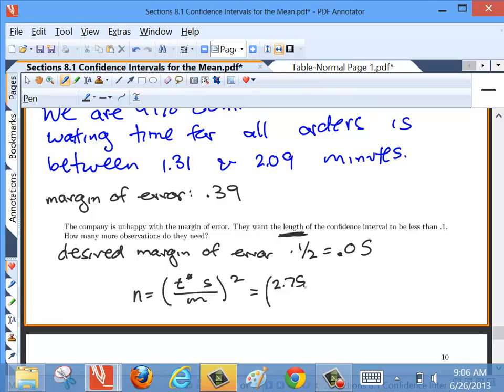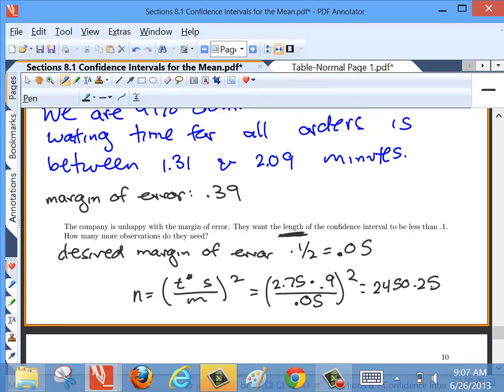What was the standard deviation for my first sample? 0.9. And our desired margin of error is 0.05. So square that. 2,450.25?